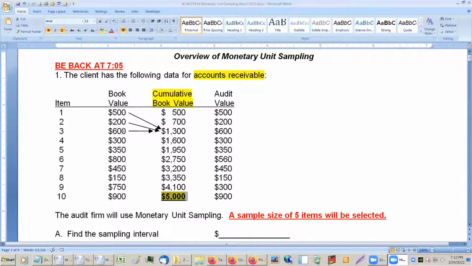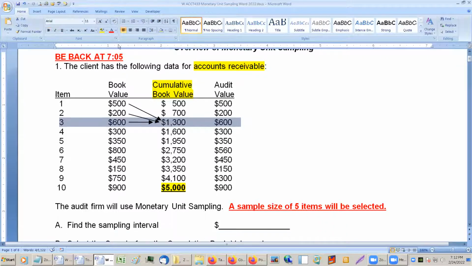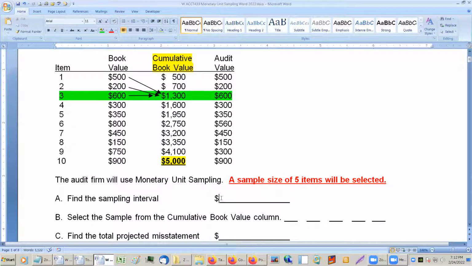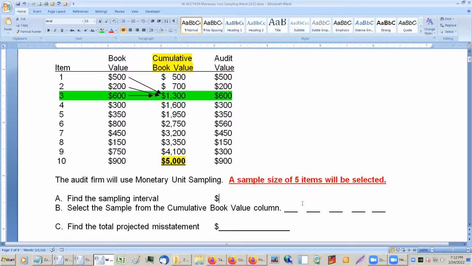Yep. Okay, so find the interval. The interval is 1,000. And the first item we're going to pick is item number 3.